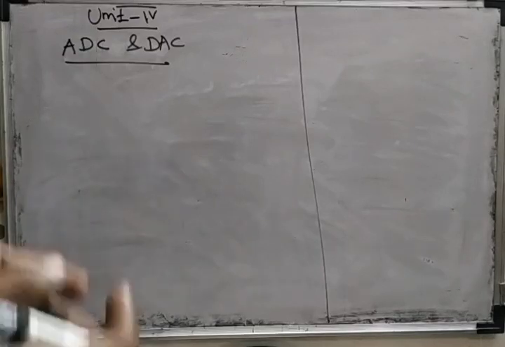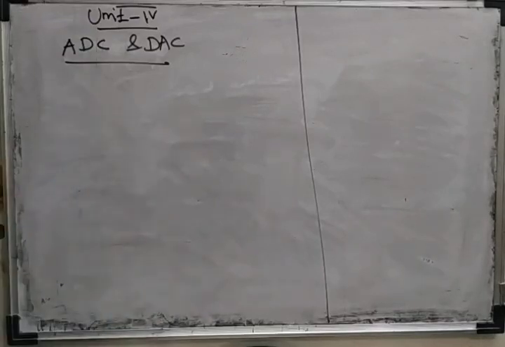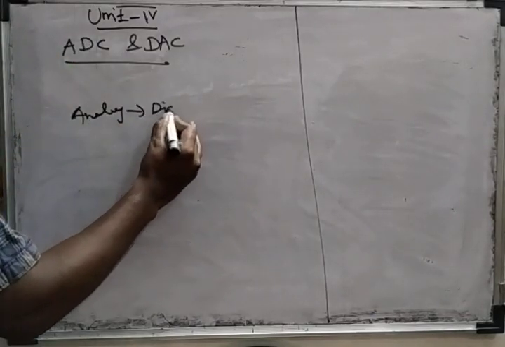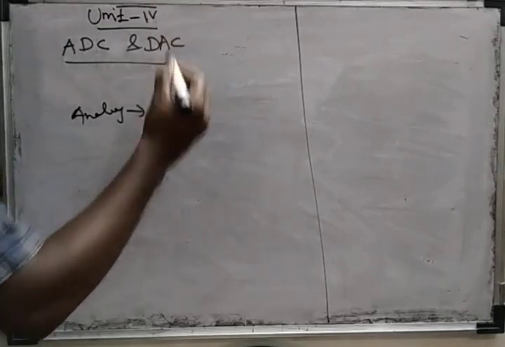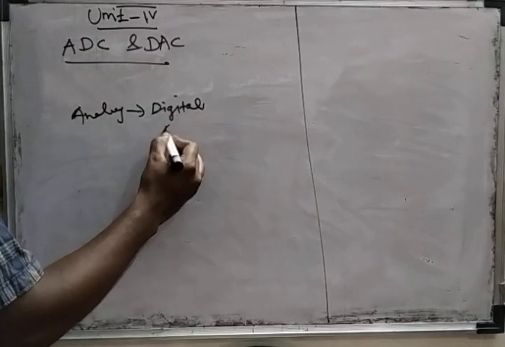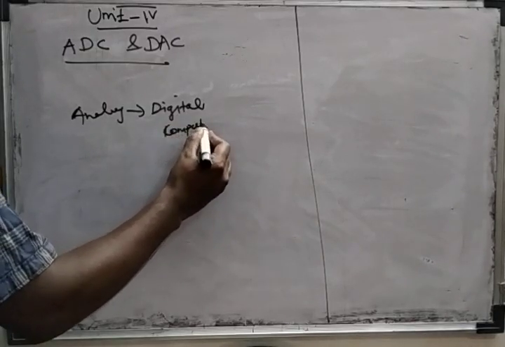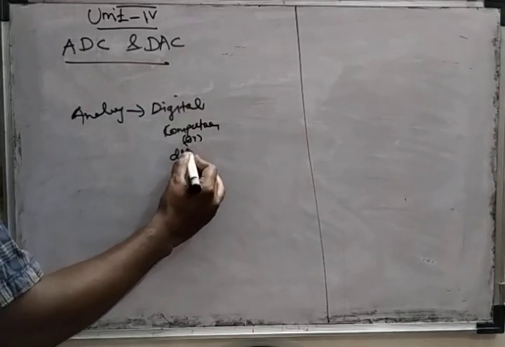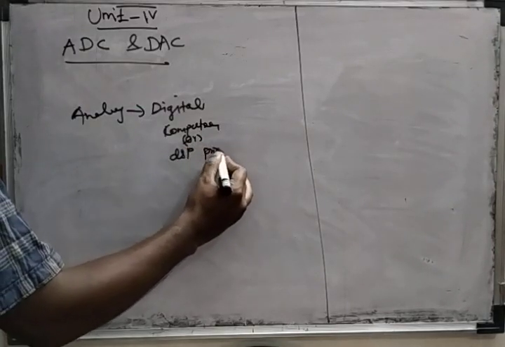So we need to convert this real-time analog signal into digital signal, and we are processing the digital signal in either your computer or a DSP processor, digital signal processor.